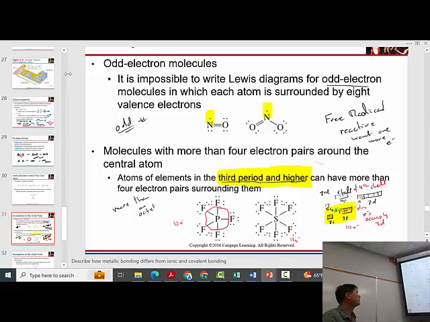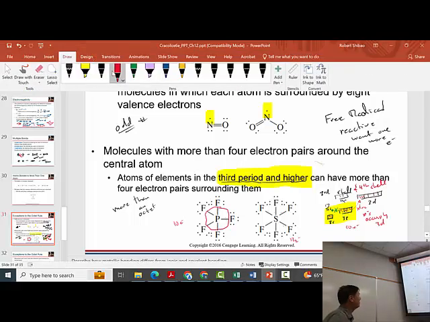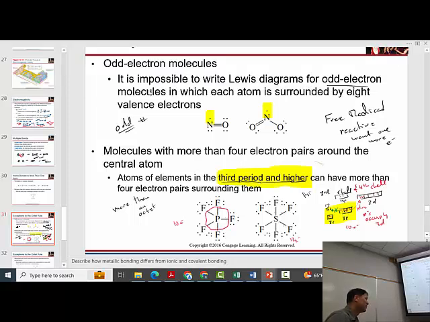And so this is the hypothesis. And there's an alternate hypothesis for this. In the alternate hypothesis, the octet rule is not violated.